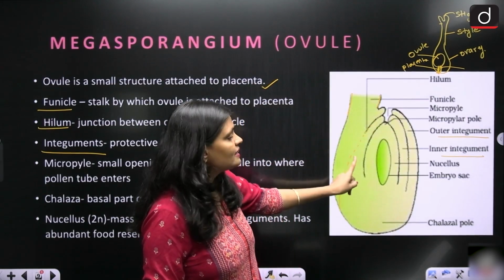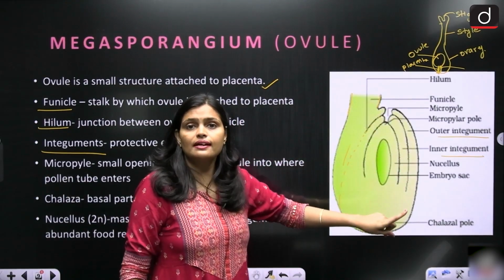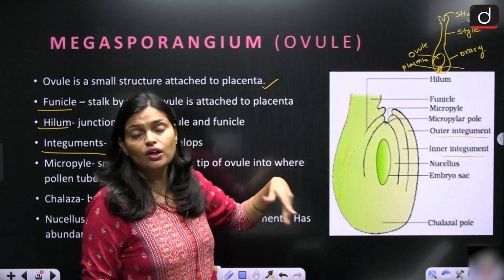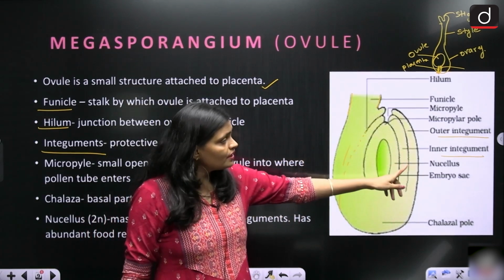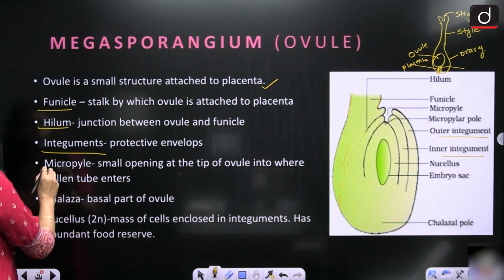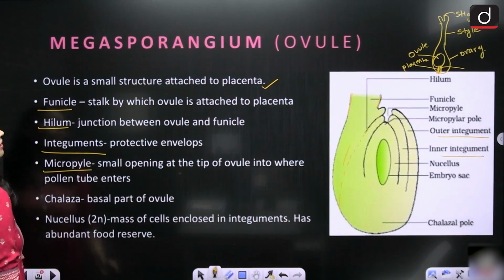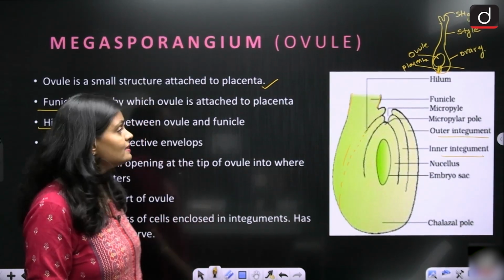See what we are discussing, this is the structure of ovule. So in your exam you will get a question, what are the structures of ovule. So it has outer and inner integument. Micropyle. What is micropyle, guys?